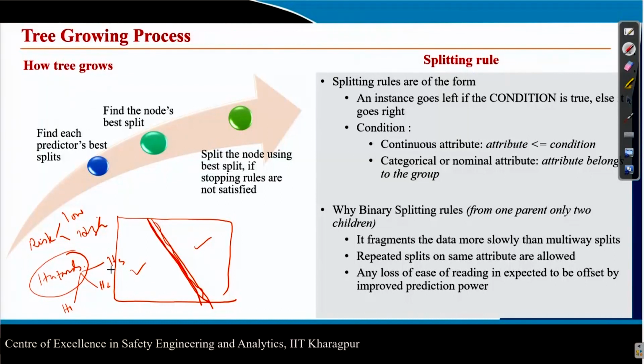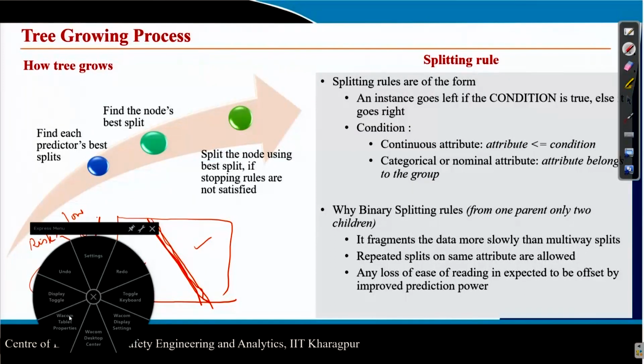So how many splits are possible? Binary splits: you can find that 3 binary splits are possible, because you may consider hazard 1 versus hazard 2 and hazard 3 together, or hazard 2 versus hazard 1 and hazard 3, or hazard 3 versus hazard 1 and hazard 2 together.